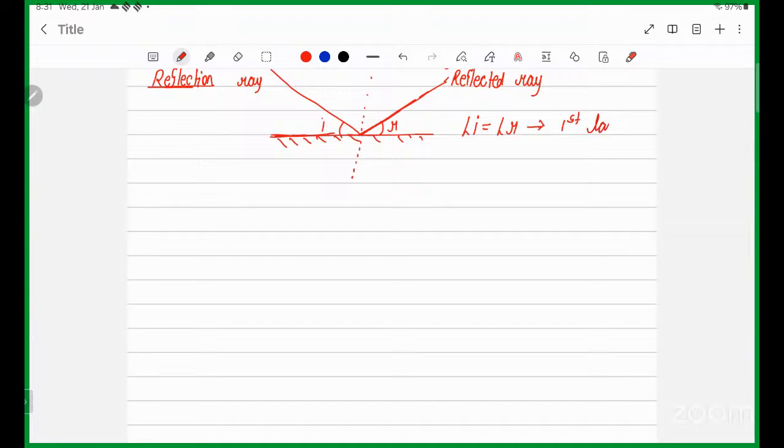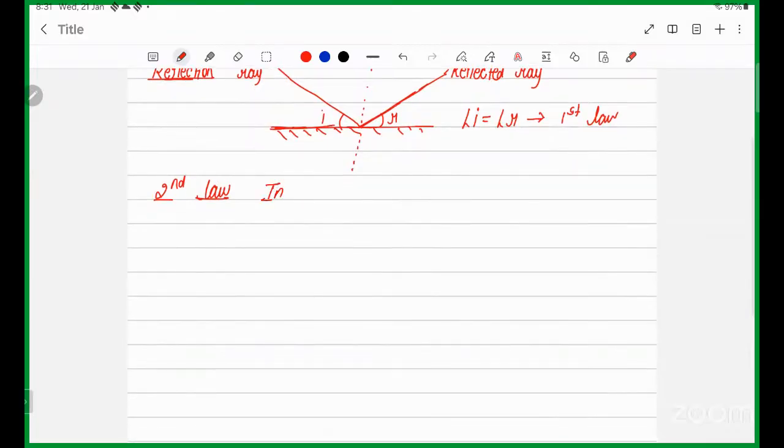And the second law is that the incident ray, reflected ray, and normal all lie in the same plane.